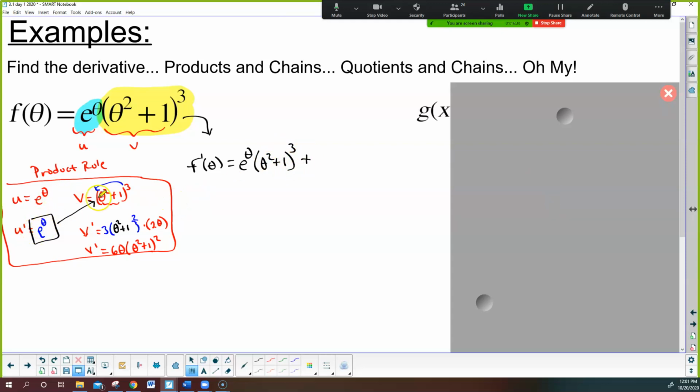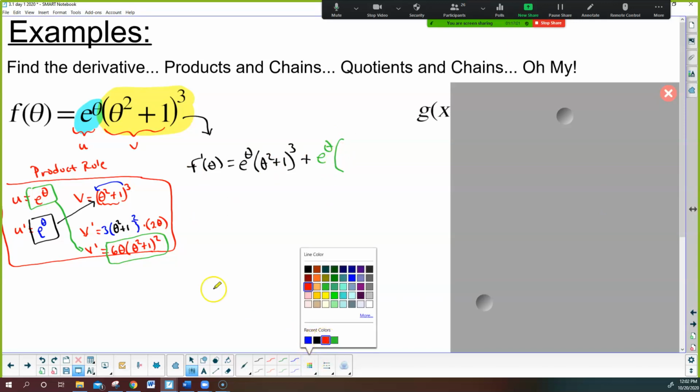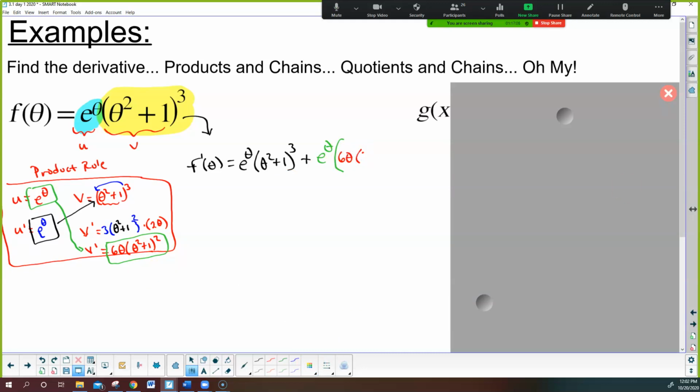There's the u prime times v, plus, now I have to take the original first times the derivative of the second. All right, so there's my e theta, and then we're going to times this by our new condensed form, 6 theta, theta squared plus 1 squared.